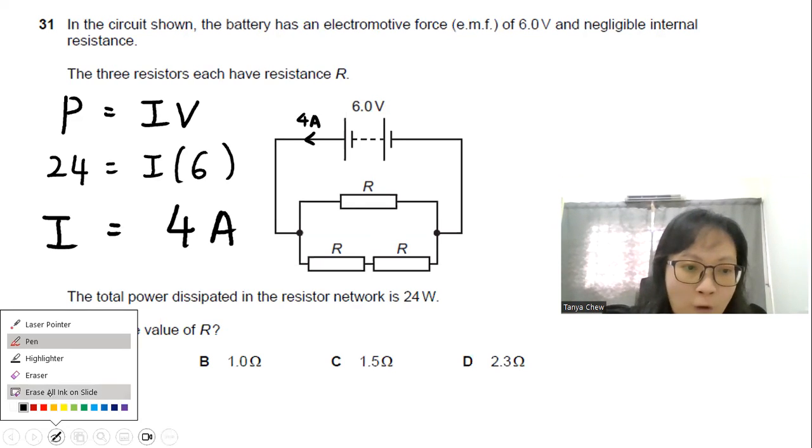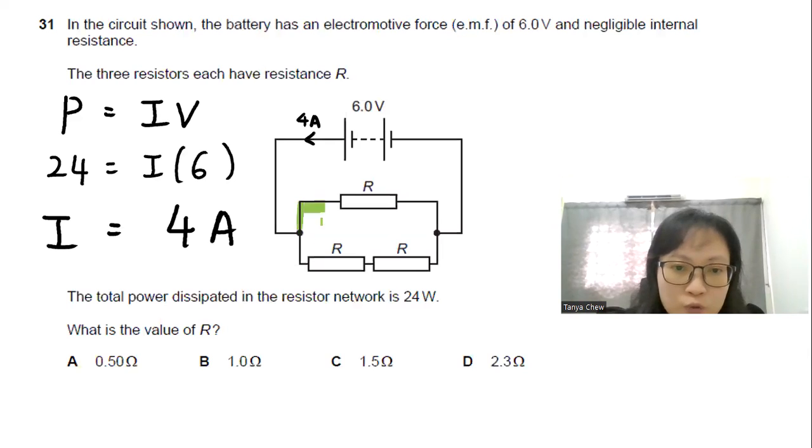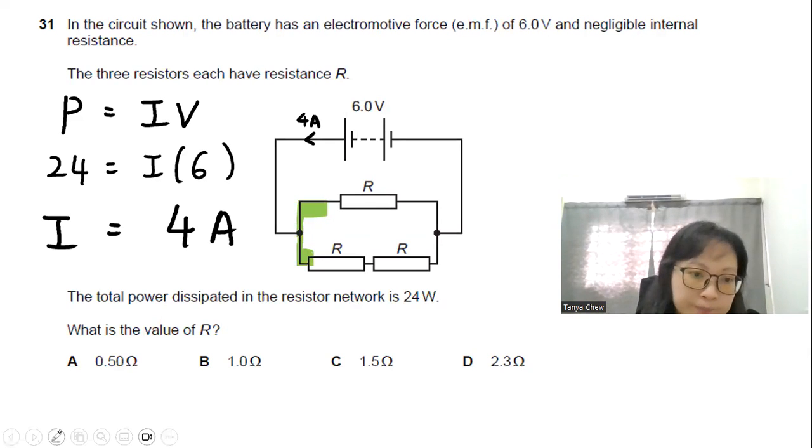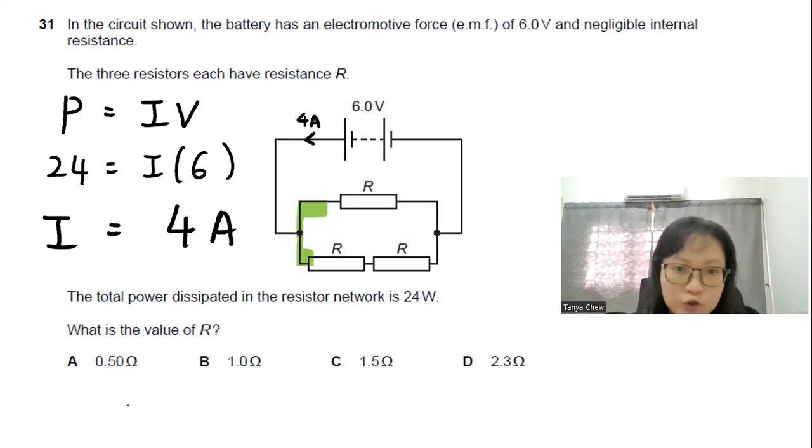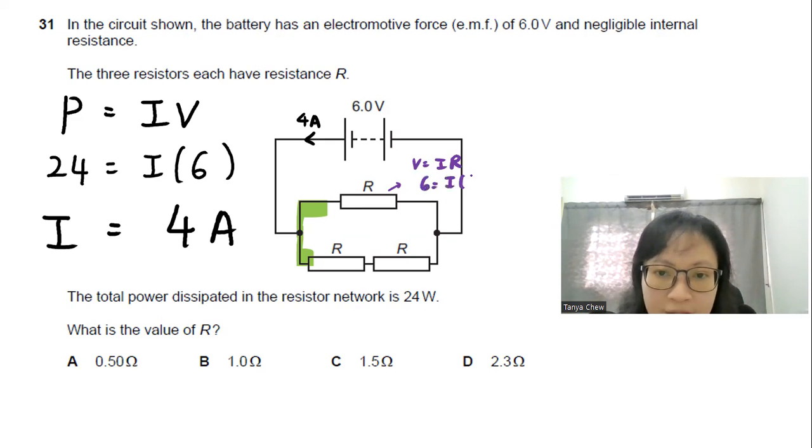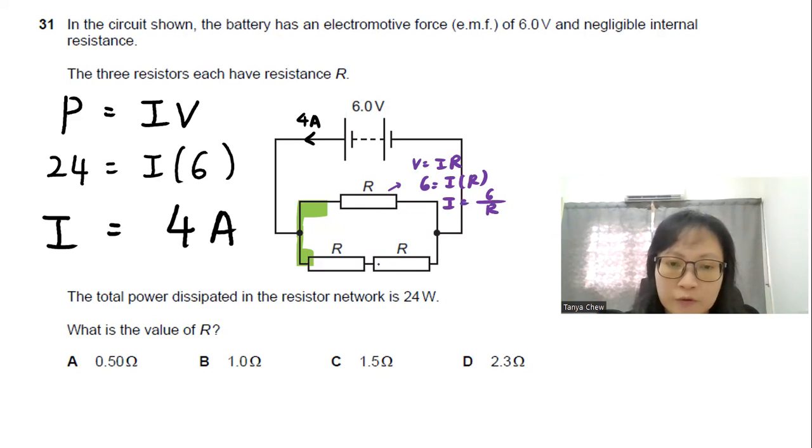After that, this 4 ampere is going to split to R and to 2R here. For R, I am going to find the current that flows through it. I have the potential difference, which is 6. V equals IR, 6 is equal to I times R. The current that flows through this R is 6 over R. And what about the current that flows through 2R?